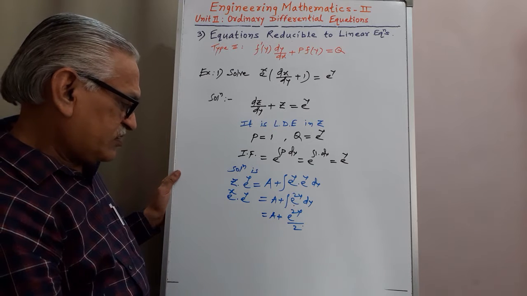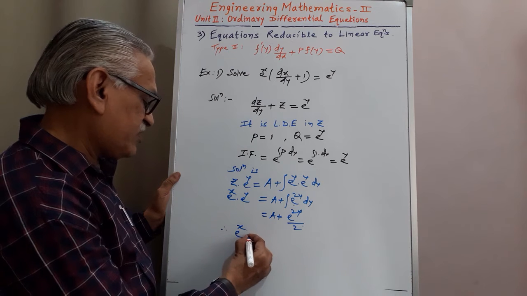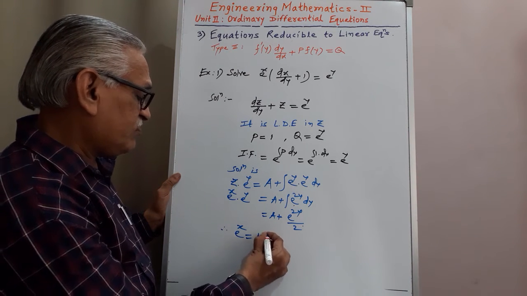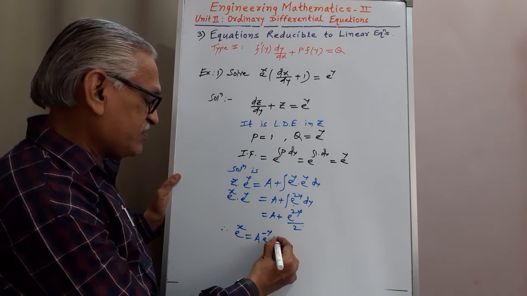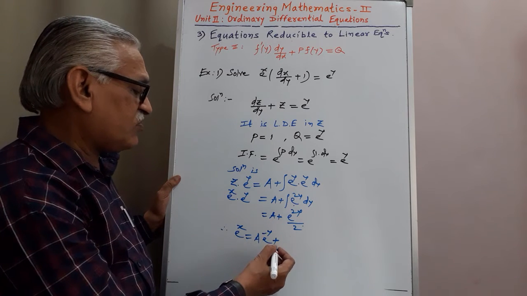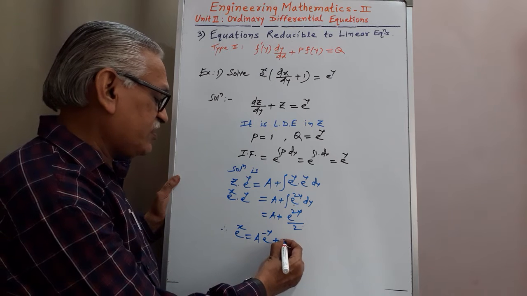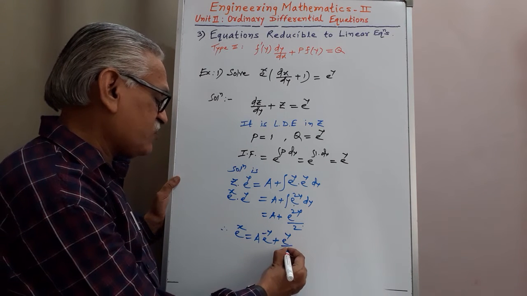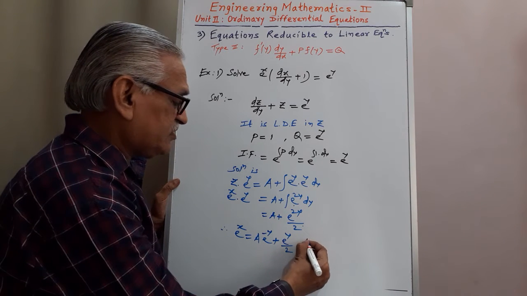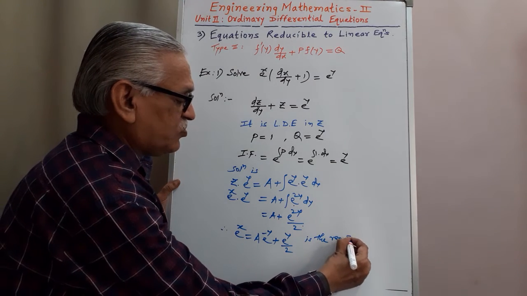Therefore, dividing throughout by e raised to y, we get e raised to x is equal to a e raised to minus y plus e raised to 2y divided by e raised to y, divided by 2. One e raised to y gets cancelled. Therefore it is e raised to y divided by 2. This is the required solution.